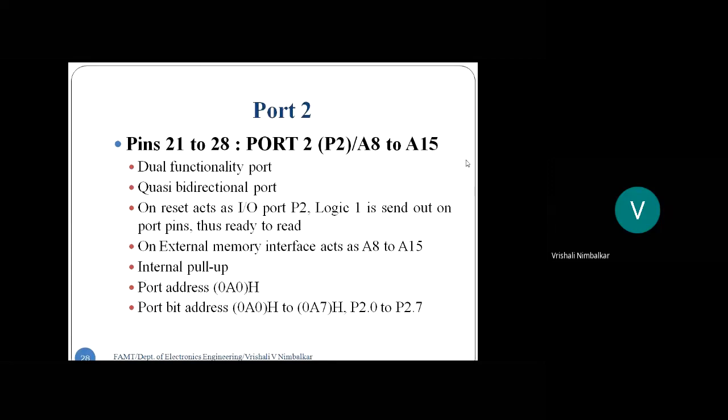And also during address bus, it functions as an output. Address bus is unidirectional. It is output from the microcontroller. So port 2 is partially bidirectional, quasi bidirectional. And on reset, the port functions as an IO port. Whenever we reset the microcontroller, by default, the port functions as an IO port.